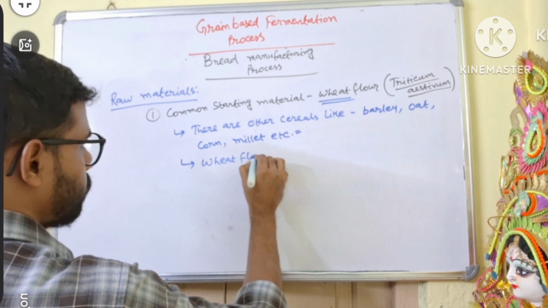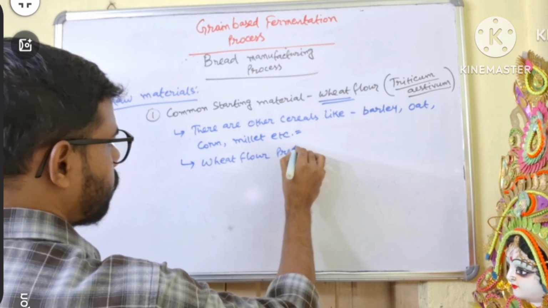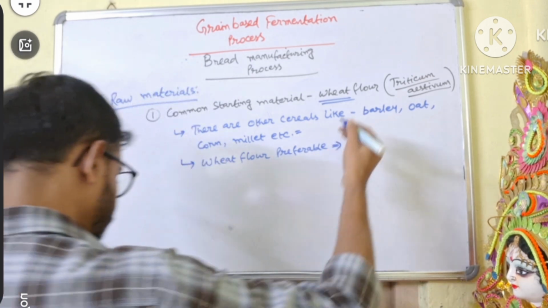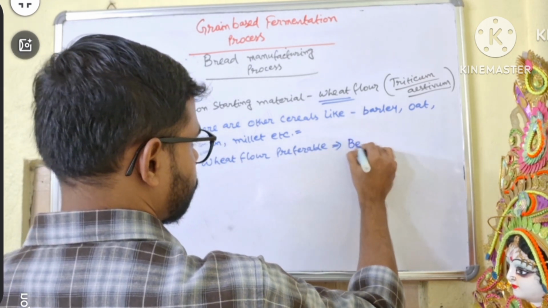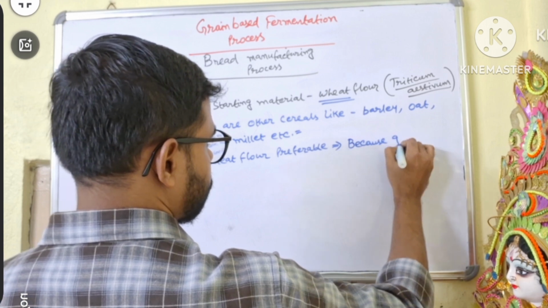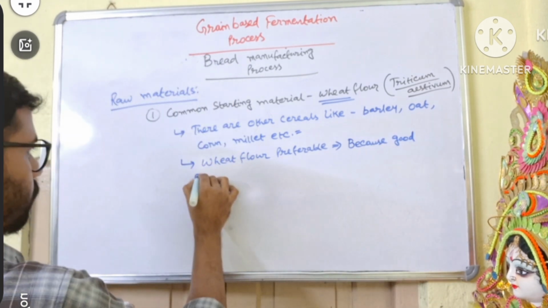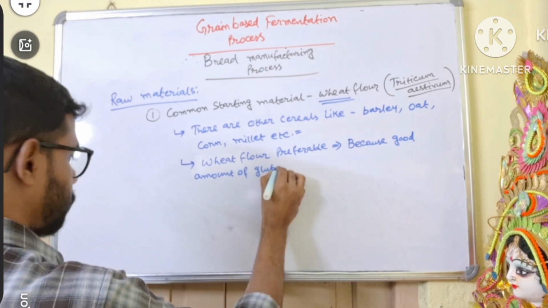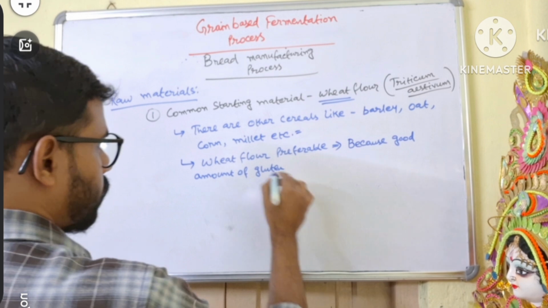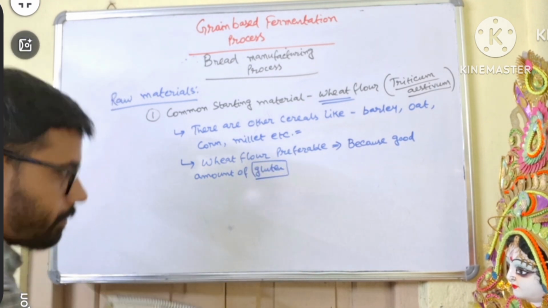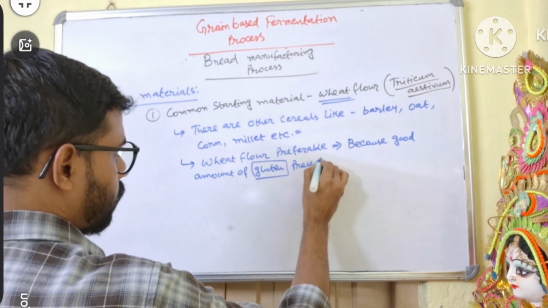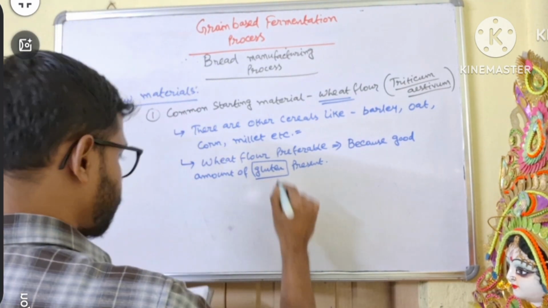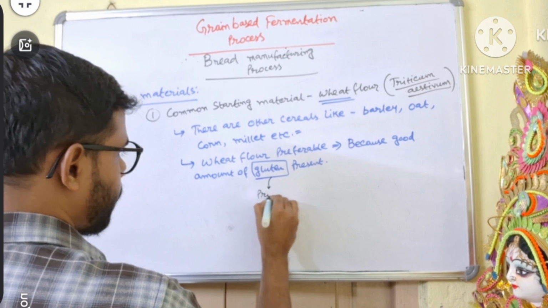Wheat flour is preferable because of the good amount of gluten present. And gluten is actually a protein mixture, a protein complex.